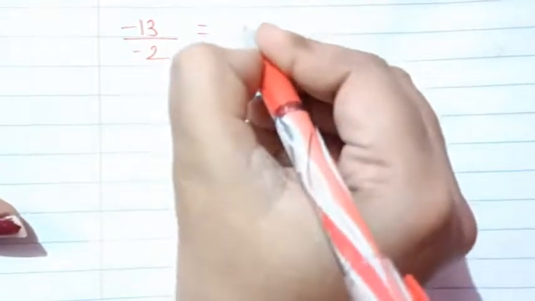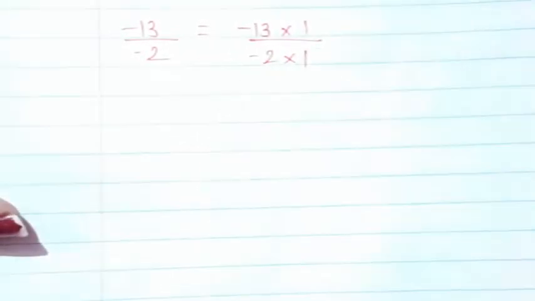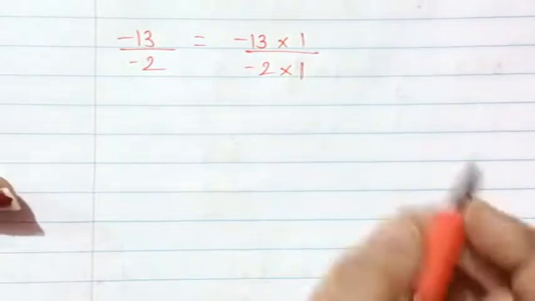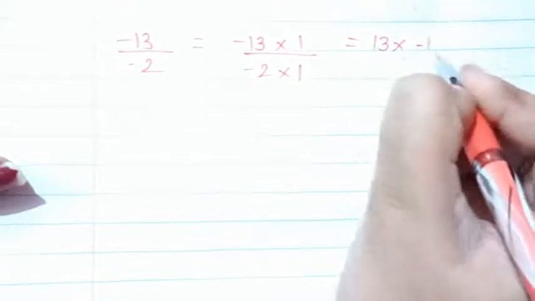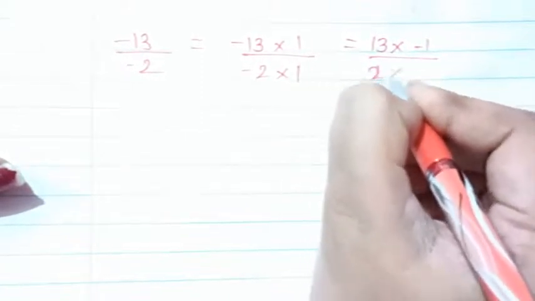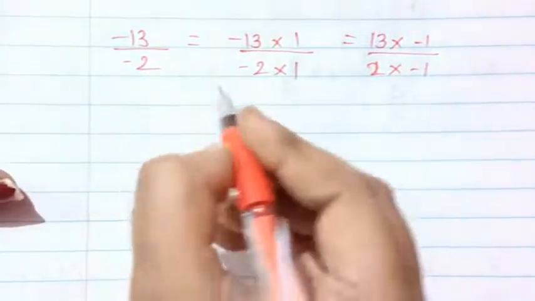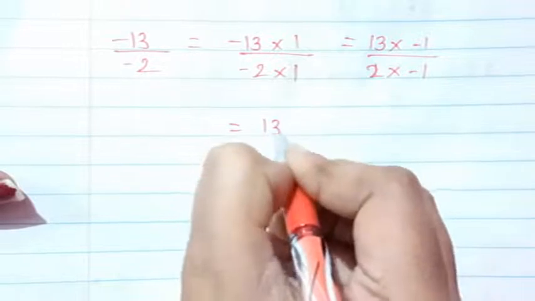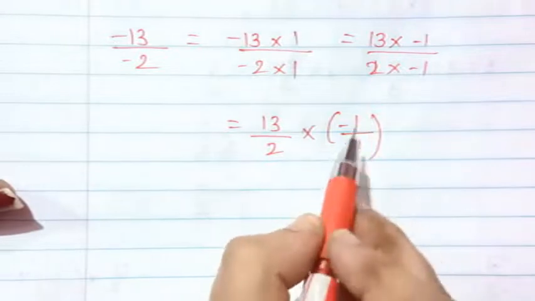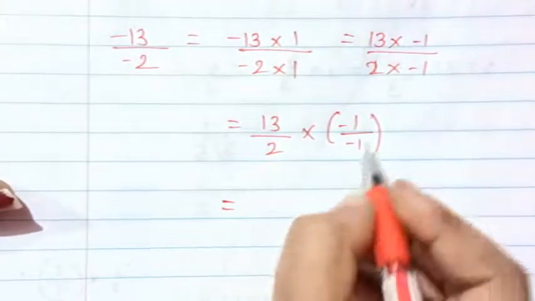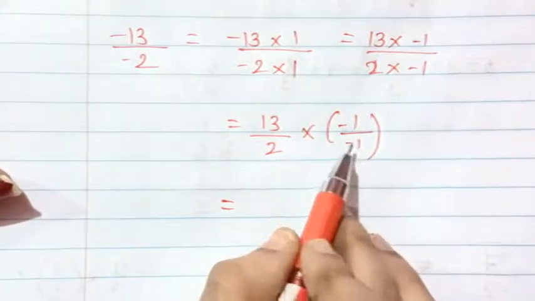So that is -13 ones are and -2 into 1. The first step is that you have to multiply it by 1. The next one is what? You will switch the signs, that is 13 ones are and 2 multiplied by -1. I have switched the signs on both sides. Next we'll make the groups. 1 ones are 1. Both sides negative means it becomes positive.